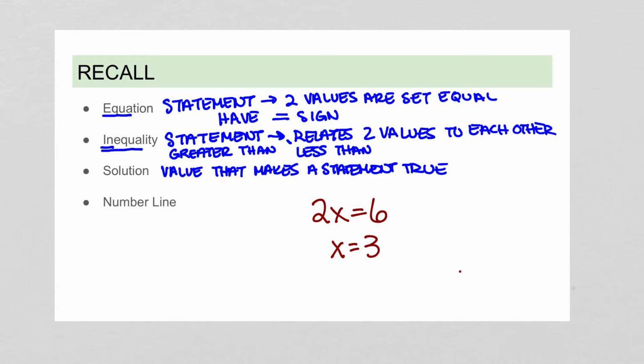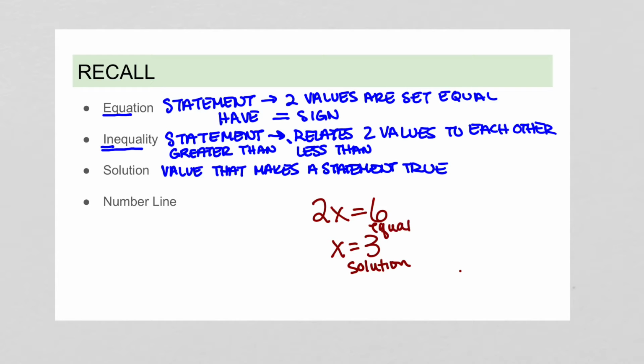And we would know that this is the solution to this equation, because if I plugged in the value 3, then I would say 2 times 3 equals 6, does it? Well, 2 times 3 is 6, and on the right side we have 6. They are indeed equal. So that's an example of a solution.